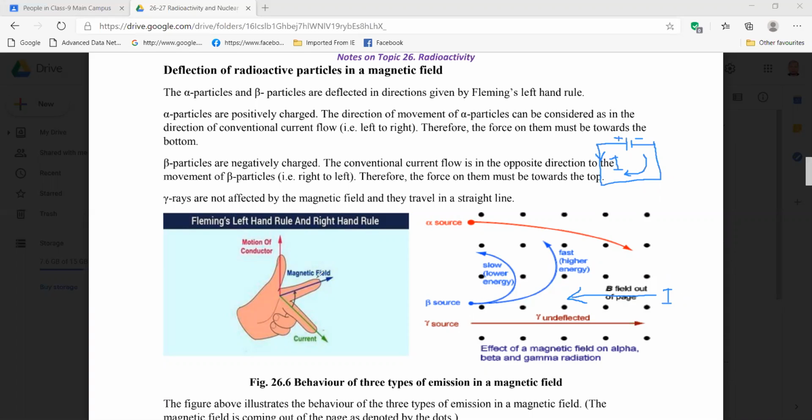This way we should reverse it. The way it was going previously, now it will go the opposite. Your magnetic field is still upwards, but you just turn your second finger in the opposite direction from the way you did before.